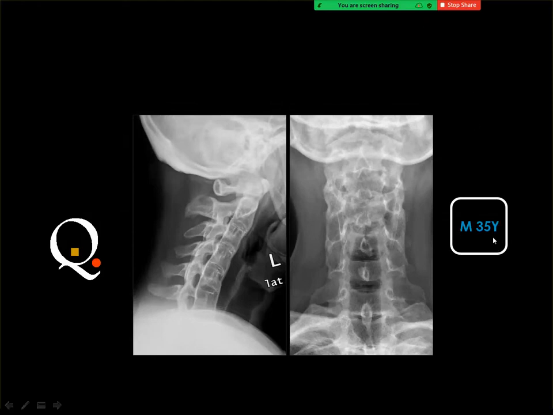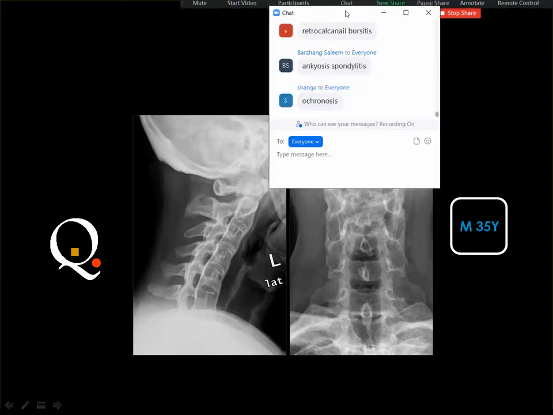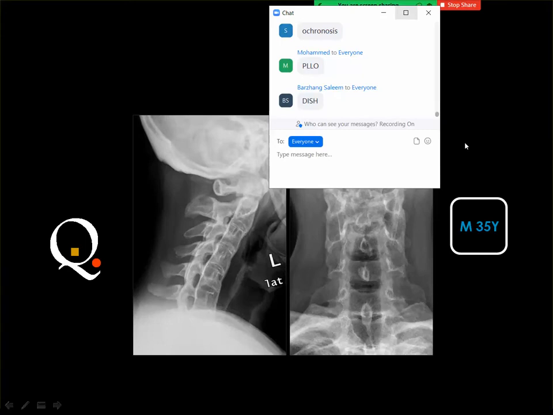Male, 35 years old, with an X-ray of the cervical spine. No, this is not ochronosis, and no, this is not ossification of the posterior longitudinal ligament, and it's not DISH.